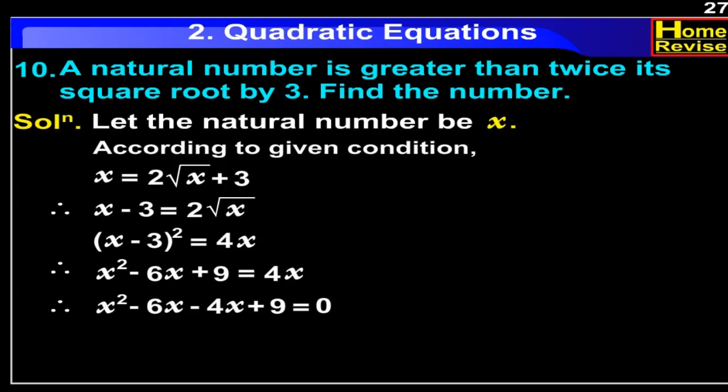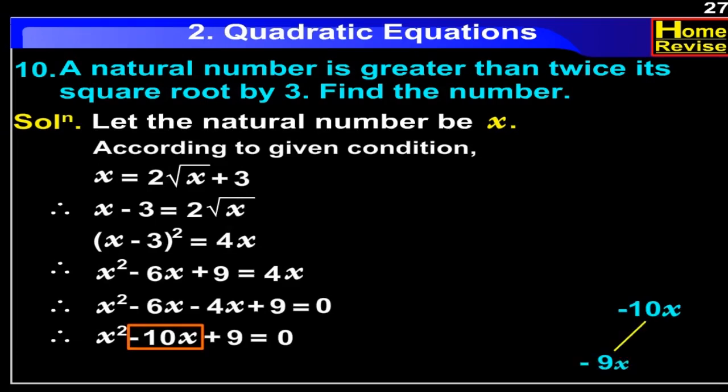Therefore, x square minus 10x plus 9 is equal to 0. Now, splitting the middle term minus 10x as minus 9x and minus x, we get x square minus 9x minus x plus 9 is equal to 0.